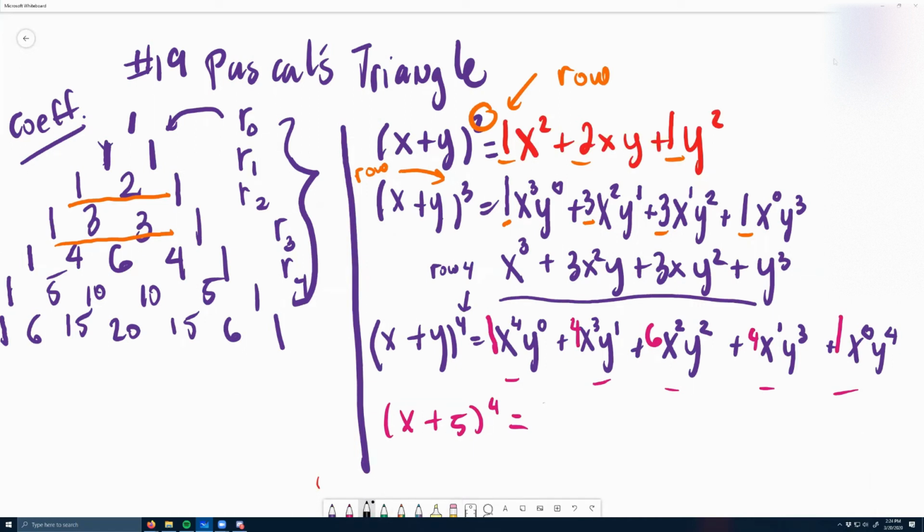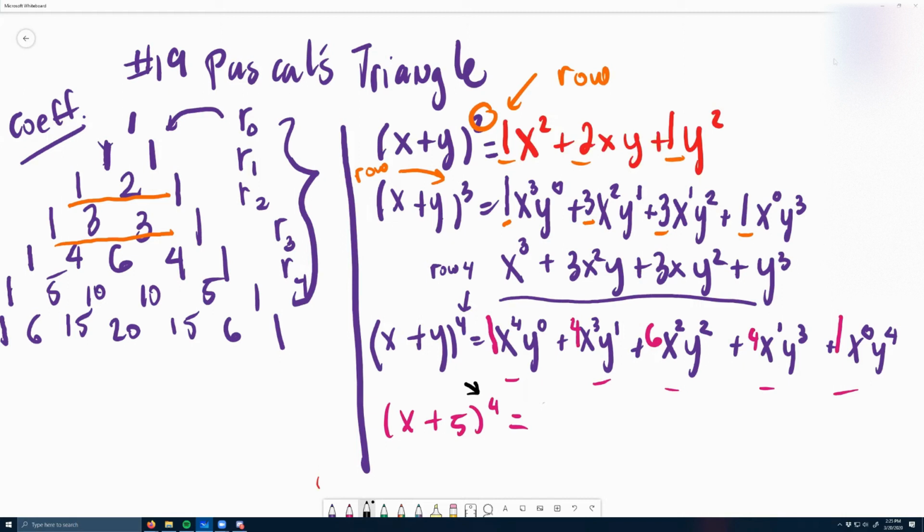So I'll go back to purple. What I do is write each term. I notice I'm doing it to the 4th power, so I know I have these entries to work with, meaning there are going to be 1, 2, 3, 4, 5 of them.